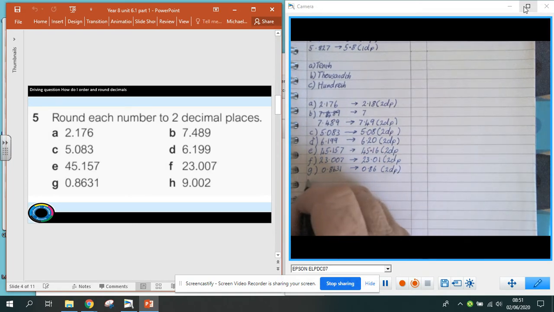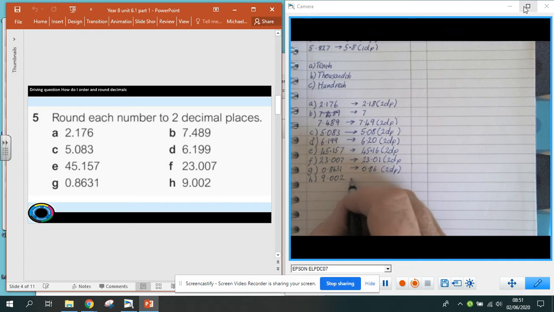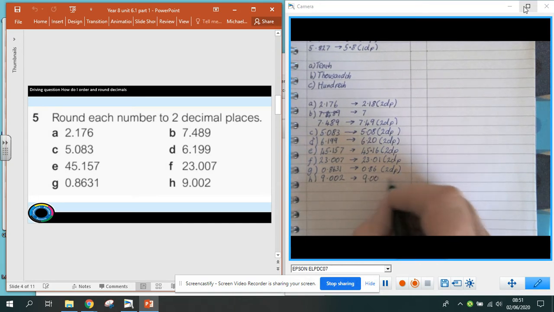And lastly, H, 9.002 becomes, well, it's a 2, so I round it down, 9.00 to 2 decimal places.